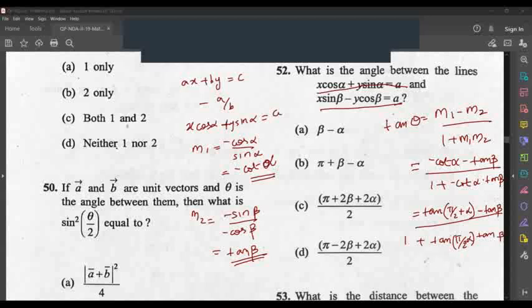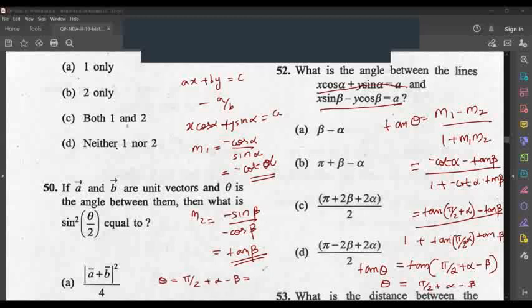Okay, so see here, you can see this is tan x minus tan y by 1 plus tan x tan y. That is tan of x minus y, isn't it? So tan theta is tan of pi by 2 plus alpha minus beta. So theta is equal to pi by 2 plus alpha minus beta.